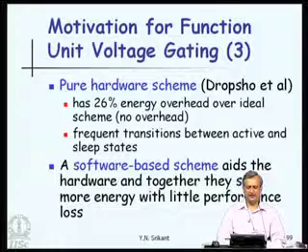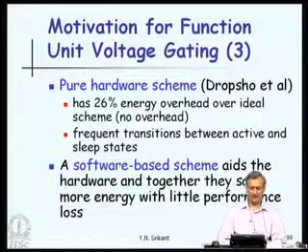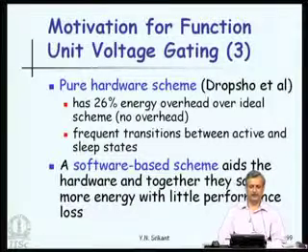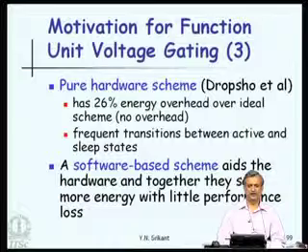Automatically, the hardware takes care of switching from low to high and high to low. The problem is there is 26% energy overhead over the ideal scheme with no overhead, because there are very frequent transitions between active and sleep states.